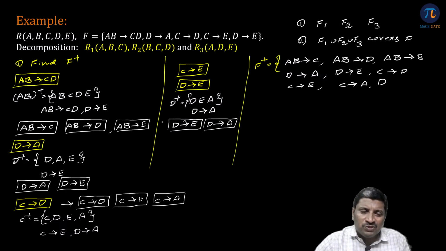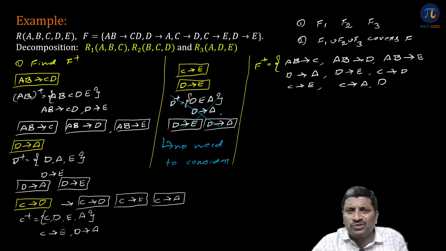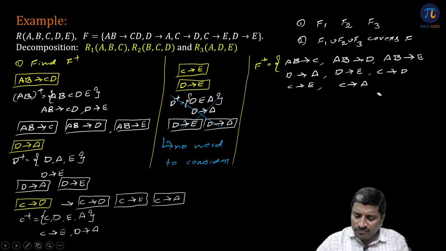Again we have written it, so it is also not needed, sir. I have not observed this one. So no need to consider it because we already completed D goes to E. Even if you consider it, no issue, sir. It will take some time, that's it. So we already completed with D, so we will have only up to here.